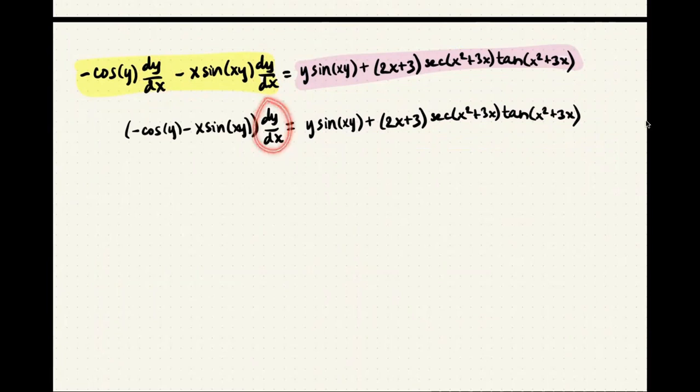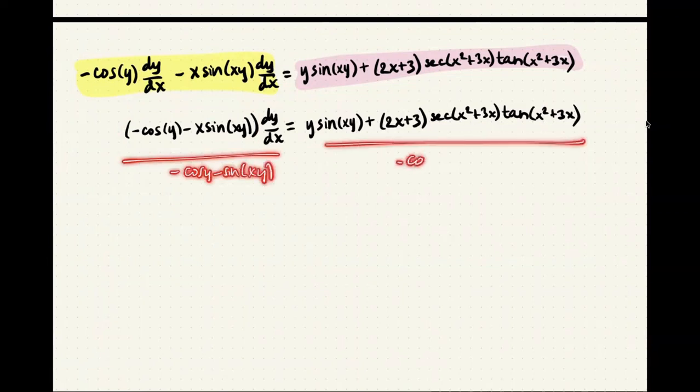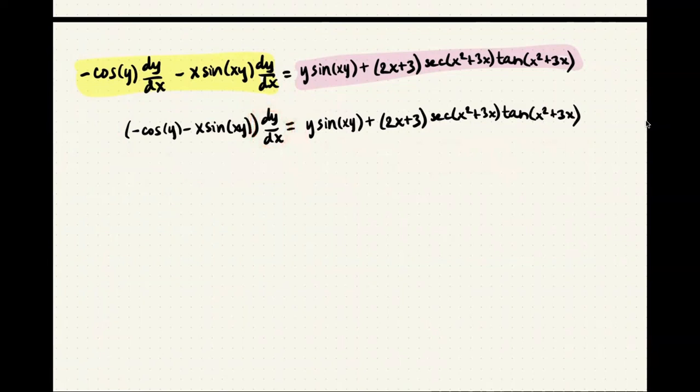Now that I have dy/dx on the outside here, multiplied by something, I can divide by this whole expression here to get the dy/dx by itself. So I'm going to divide by negative cosine y minus x sine xy on both sides. That's going to leave me with just the dy/dx on the left, and then I'll have this big fraction over here on the right, and that's fine.